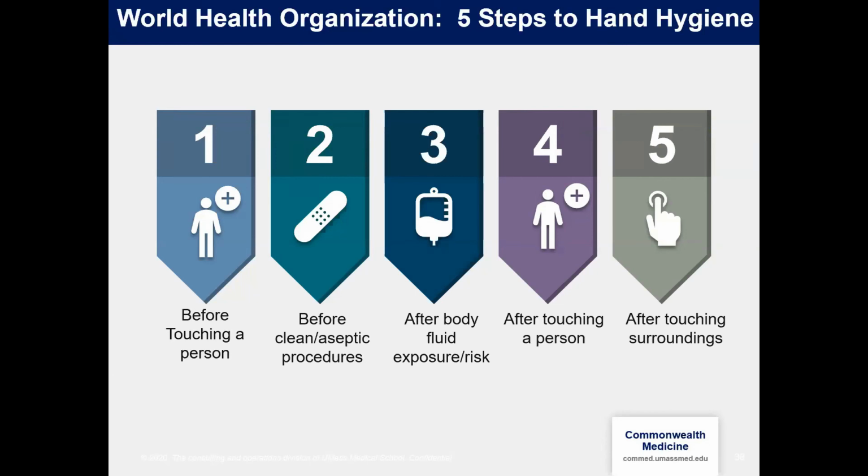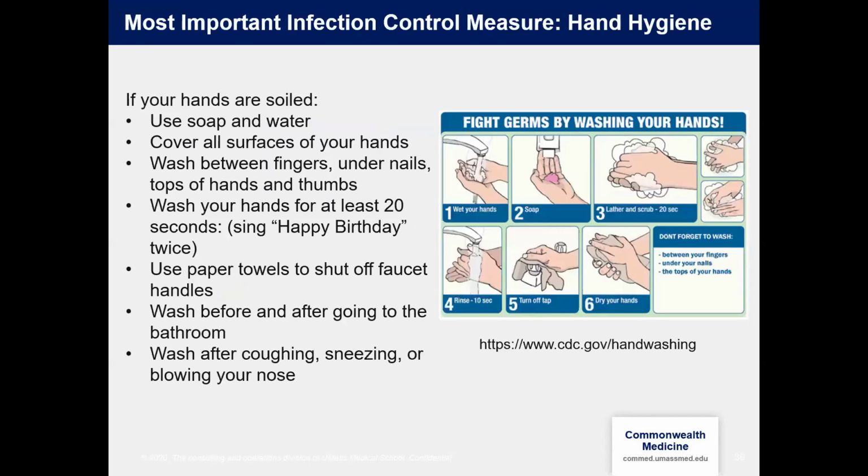After touching a person, when you go in and take a blood pressure, check their pulse or temperature, you want to come out and sanitize then. And after touching contaminated surroundings, if you go into a quarantine area and you might not even know that you leaned on a chair and touched it, or leaned on the nurse's station, when you come out of those settings, make sure there's sanitizer for people to use.